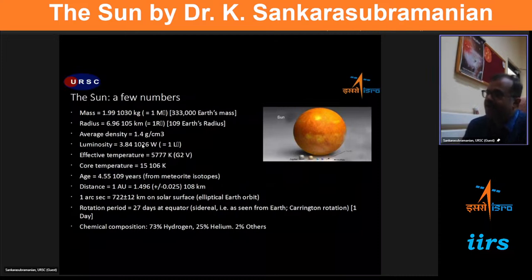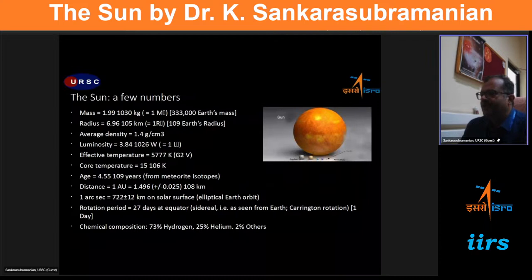That's why when you look at the sun, of course not with the naked eye, it is somewhat yellowish in color, because the peak wavelength is somewhere around the yellow region. The core temperature is 15 million Kelvin, 15 times 10^6 degrees Kelvin. And the age is about 4.5 gigayears. The sun is a middle-aged star; we are in the middle of the lifetime of the sun.